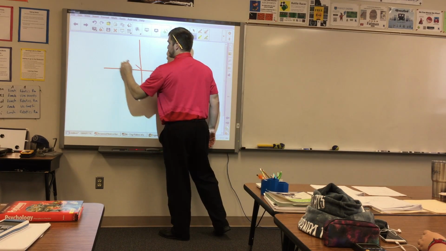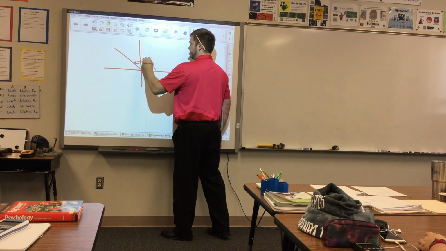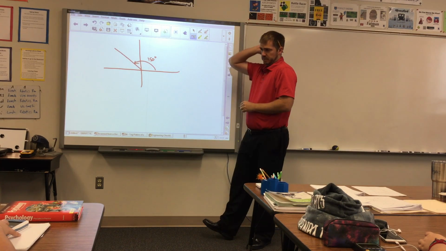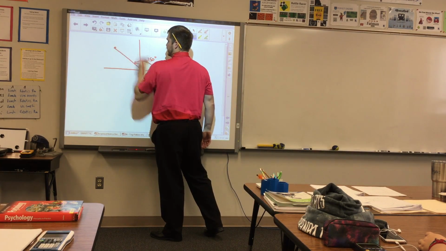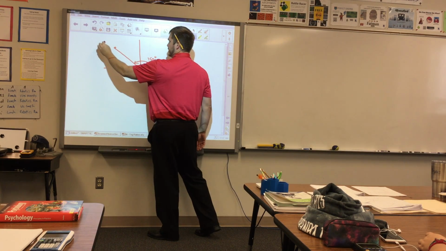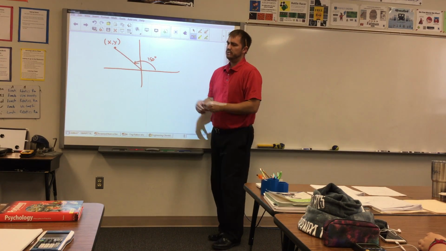So let's go ahead and draw that 150. And I'm going to put a terminal point right there. I'm going to say this 150 degree rotation stops at some coordinate x, y. I don't know what it is.